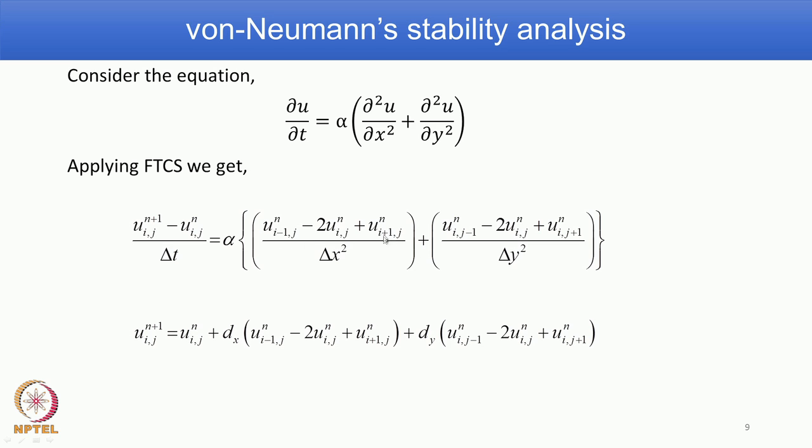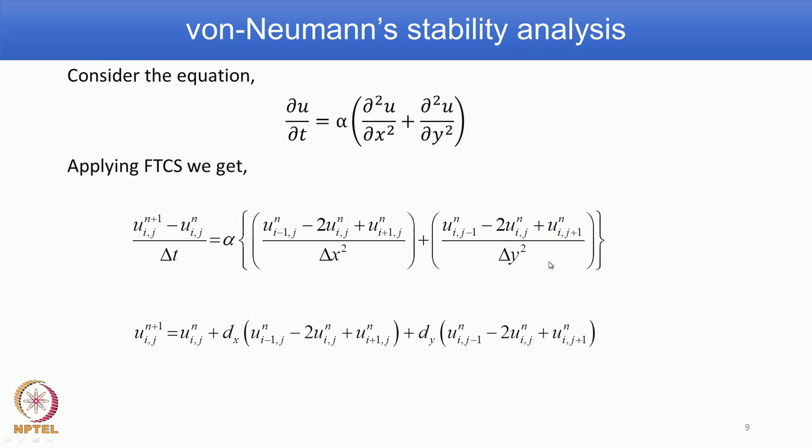So, the first term in the bracket, this term is for the second derivative in the x direction. You can observe u evaluated at i minus 1 comma j, u at i comma j, u at i plus 1 comma j, but all at nth level.